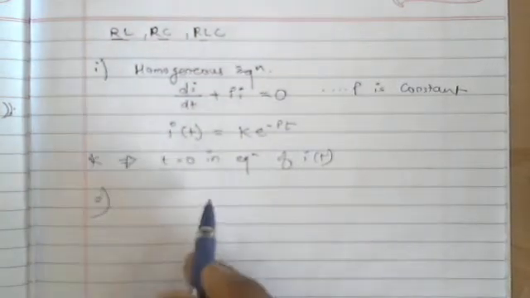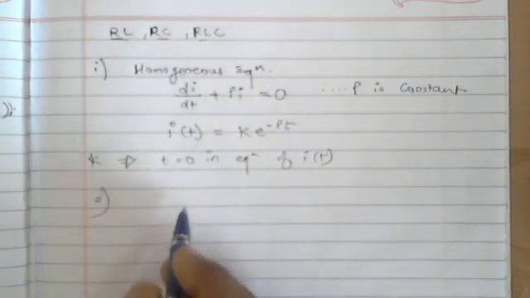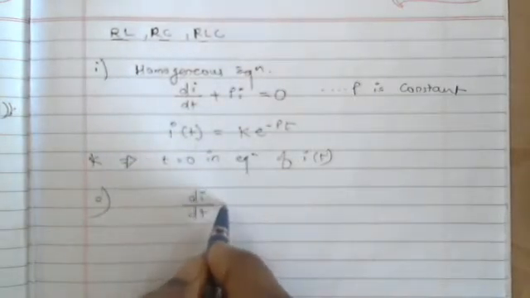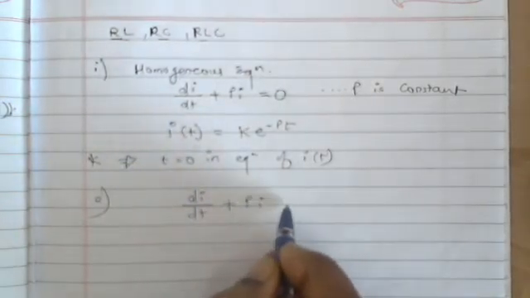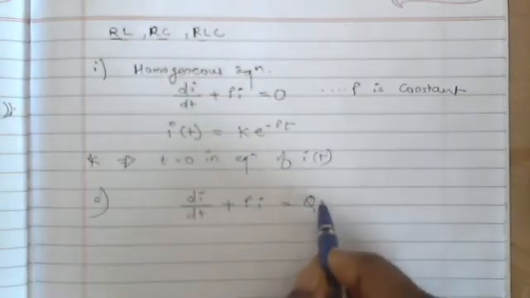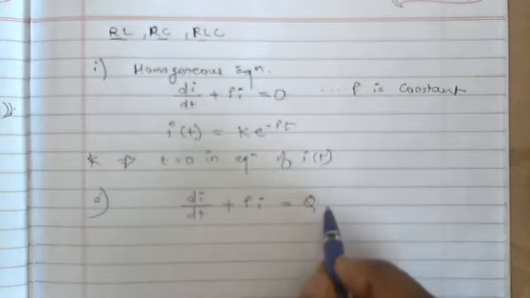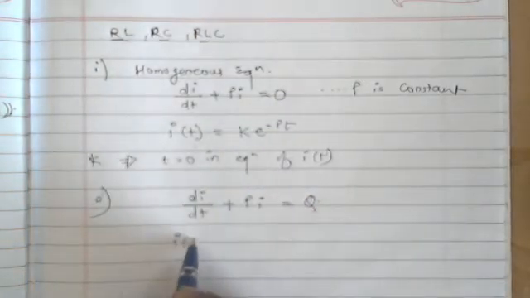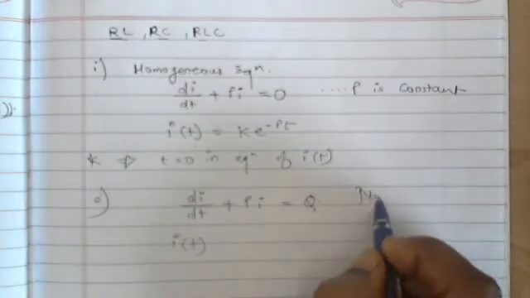Now if after writing the differential equation, you observe that the equation is of this format, di/dt + pi = q, where q is a function of the independent variable t or a constant, then such type of equation is non-homogeneous.